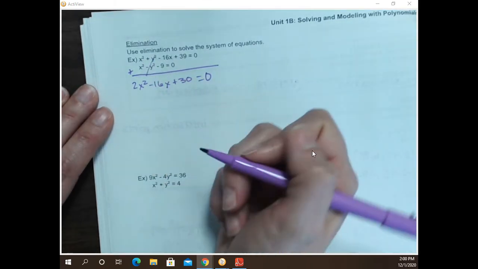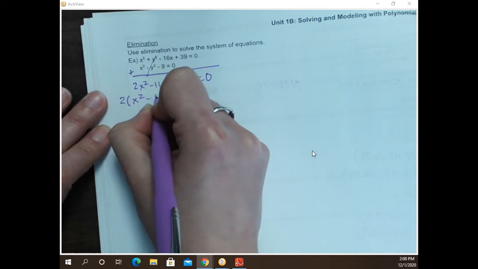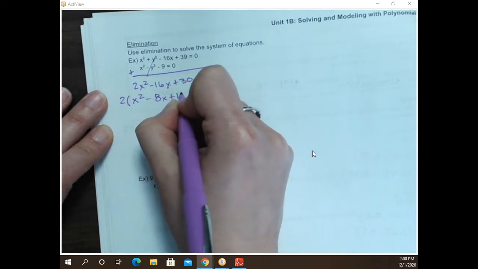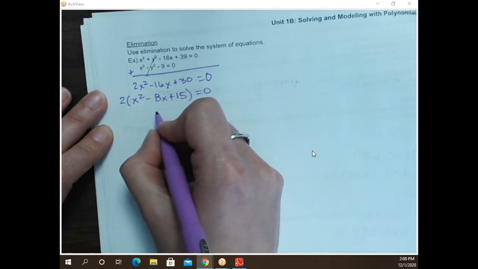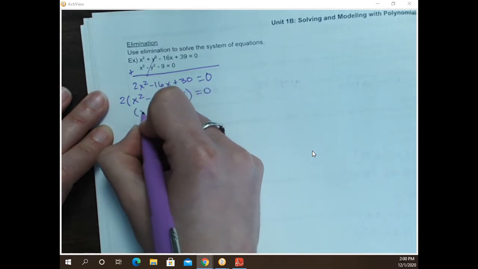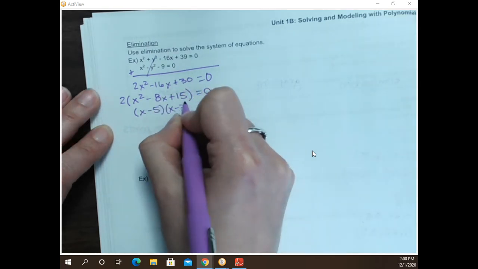This is a quadratic that is factorable. So I'm going to pull out my GCF of 2. That leaves me with x squared minus 8x plus 15. And then when I continue to factor here, this quadratic factors into x minus 5 times x minus 3.